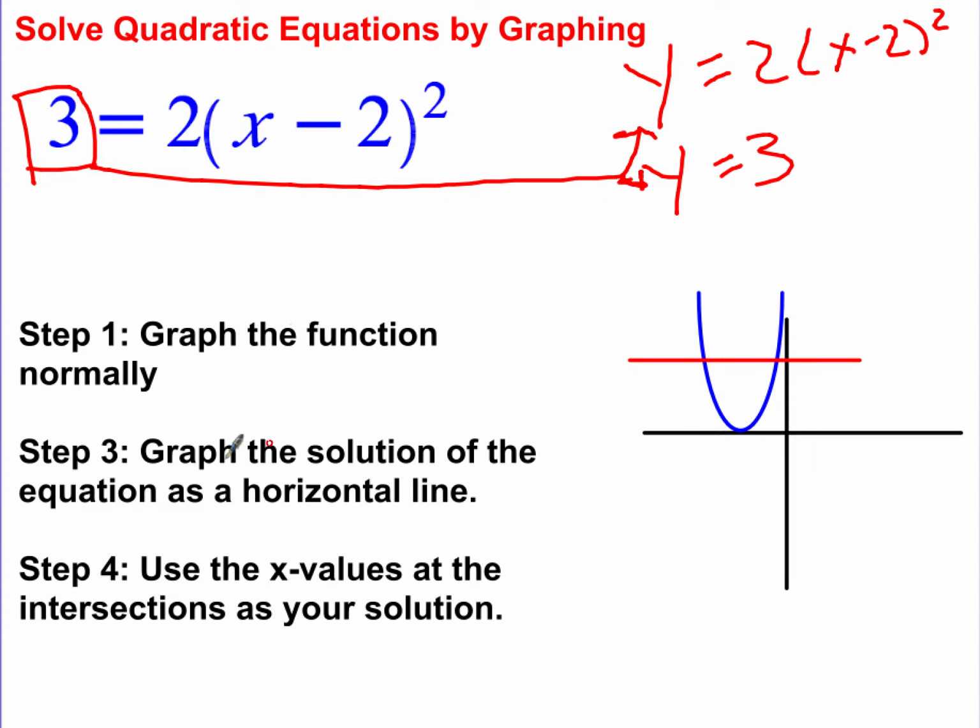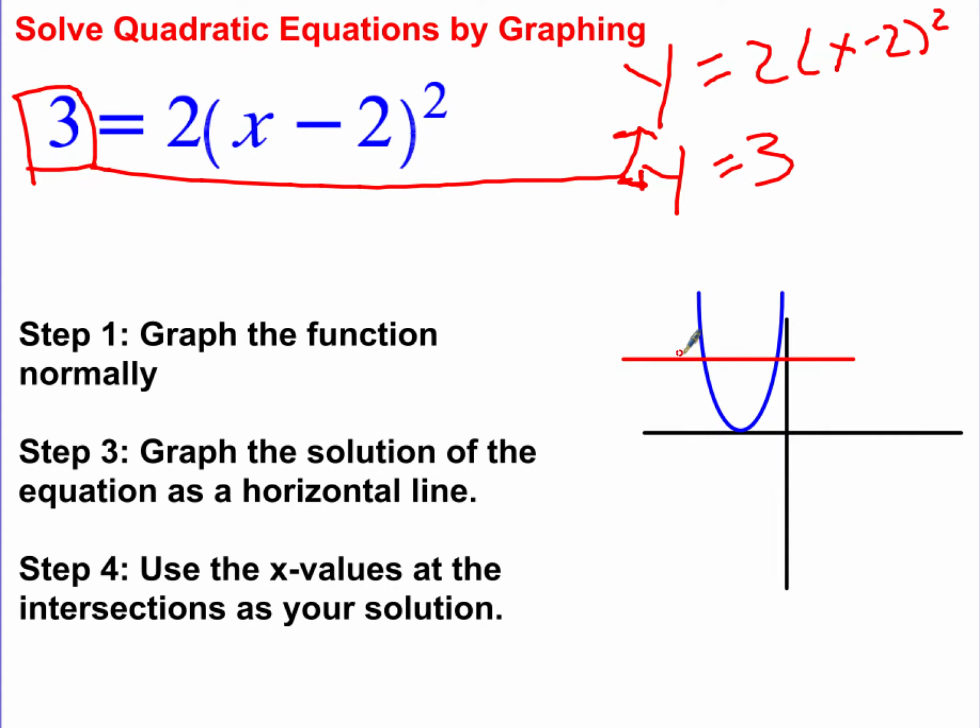Okay, so I'm going to graph the solution of the equation as a horizontal line. So this is what I mean by the solution of the equation as a horizontal line. That's the system I'm talking about, because y equals 3 would give me a horizontal line. There'll be this one right here at 3. And then I'm going to use the x values at the intersections as my solution.